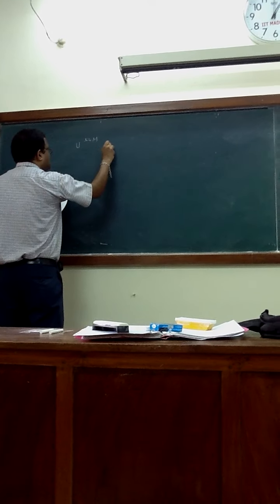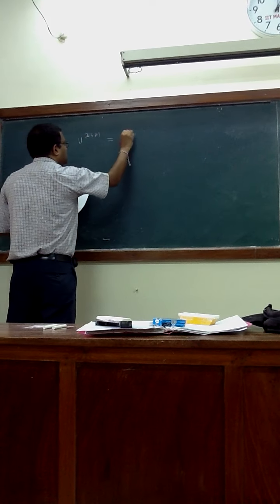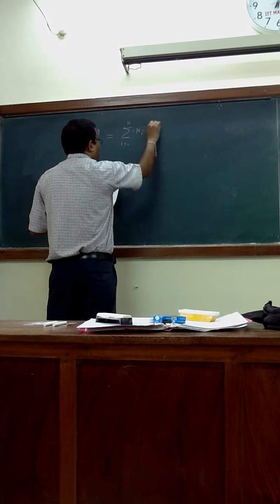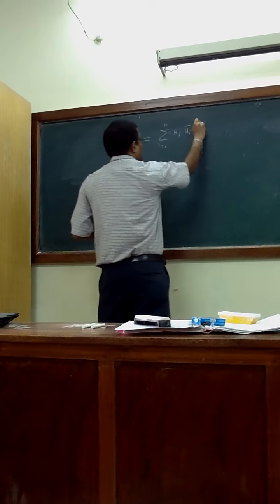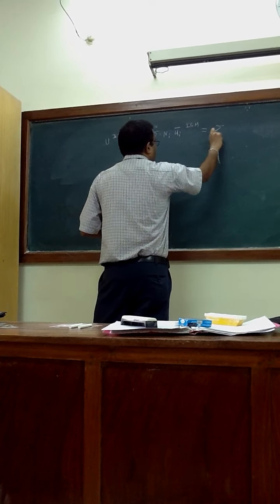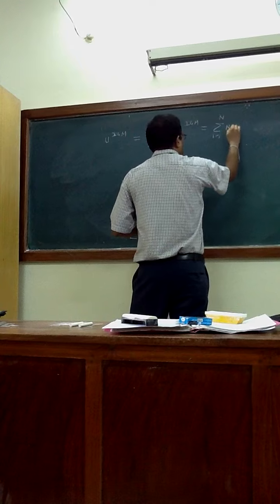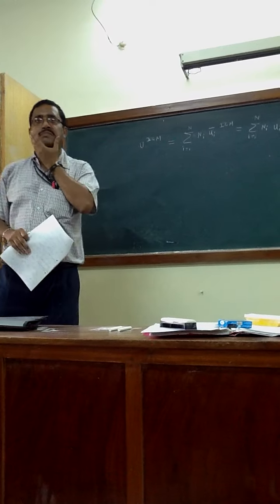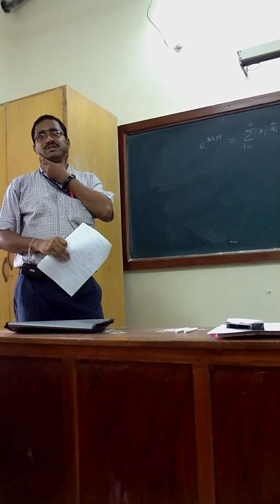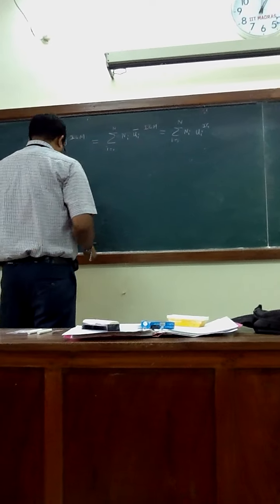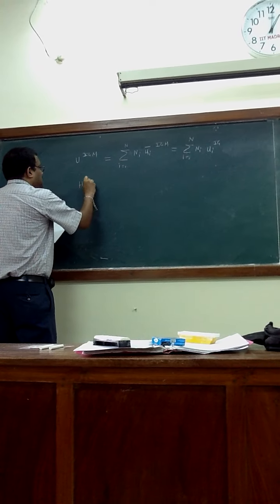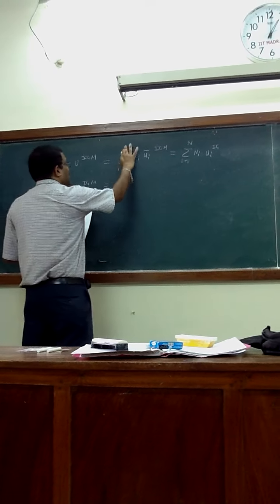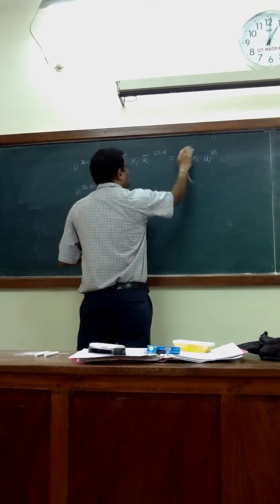U igm we generally write as summation i equals 1 to n of n_i U_i bar igm, which is nothing but summation n_i U_i^ig. Next, we can write H igm in a similar manner, sum over i equals 1 to C, sorry, it should be C components.